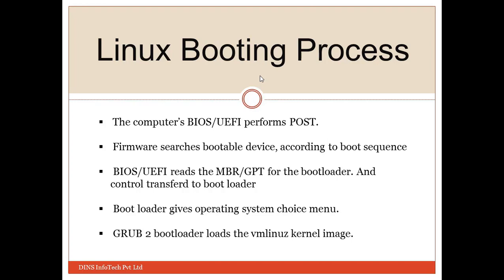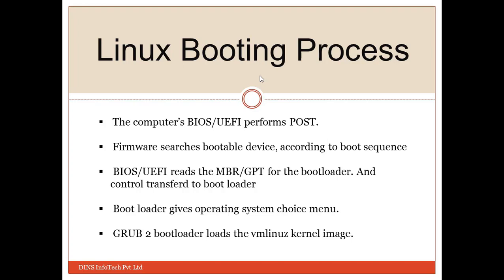When we power on the computer, the control will transfer to the firmware. Firmware may be a BIOS firmware or it may be a UEFI firmware. This firmware runs a POST. POST is nothing but power on self test.